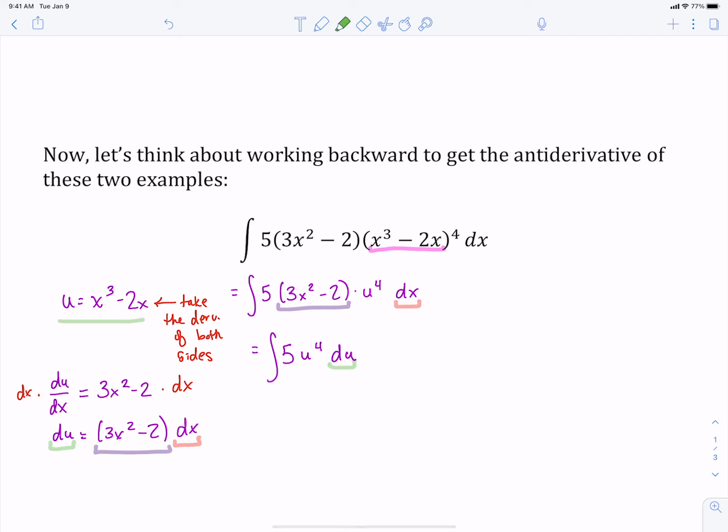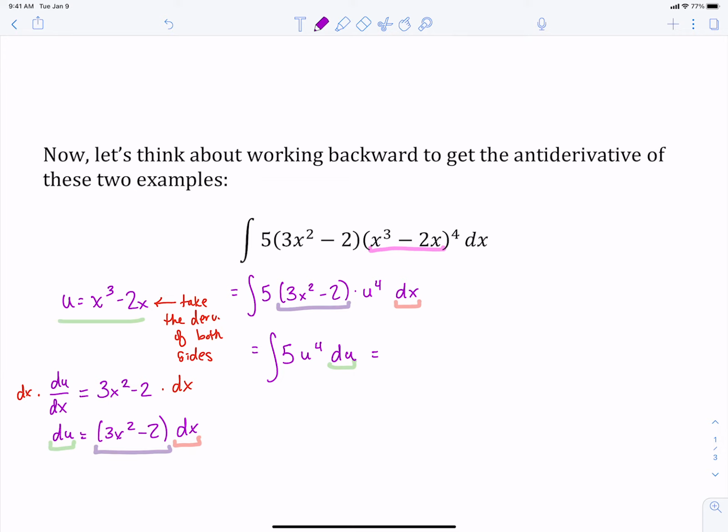Why are they equal? Because we said they were, which is always the fun circular logic with this. We've made this true, but all we've really done is a substitution so that we can see that what we really had was something raised to a power. We used the power rule on that, which is what we did in that first part of our chain rule, and that gave us our derivative.